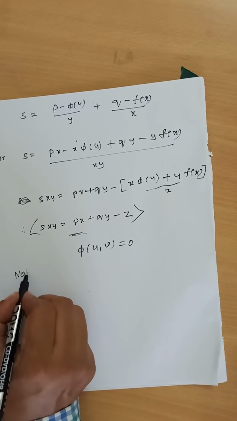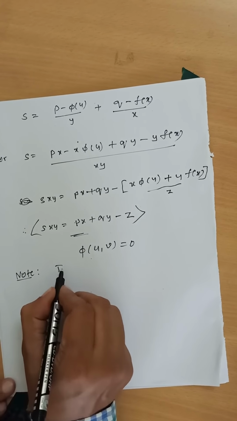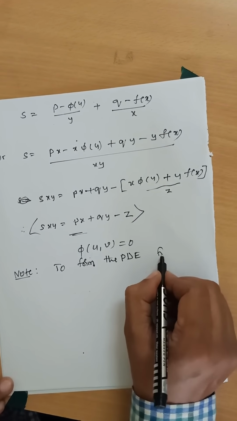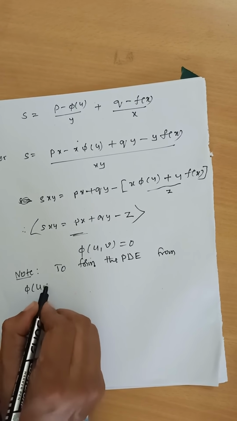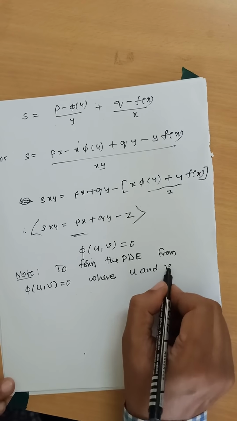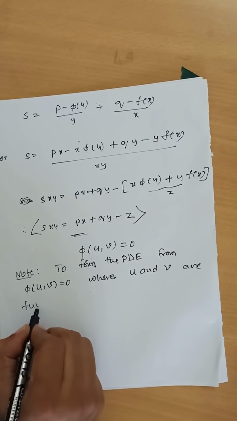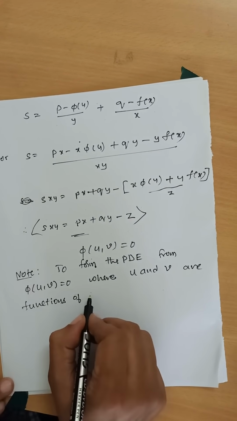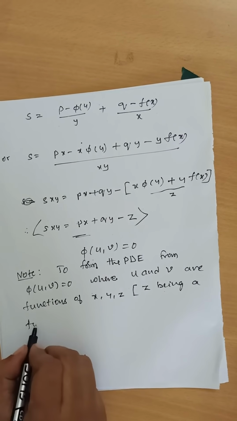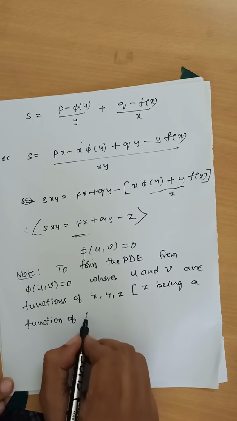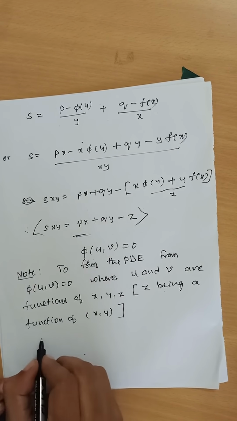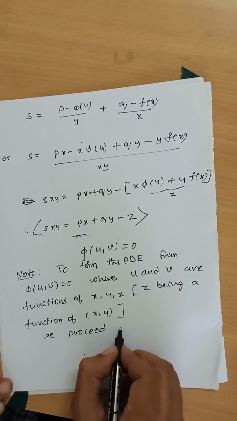So note, to form the PDE from φ of u comma v equal to 0, where u and v are functions of x, y, z, where z is a function of both x and y, we proceed as follows.